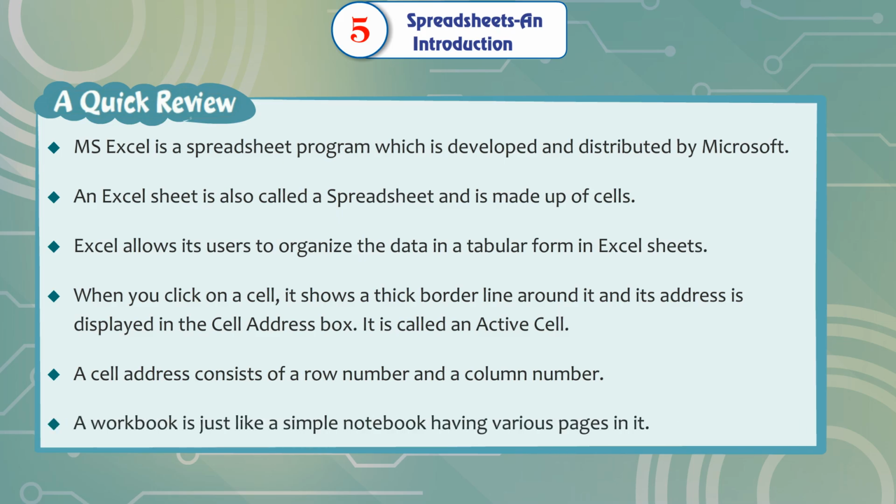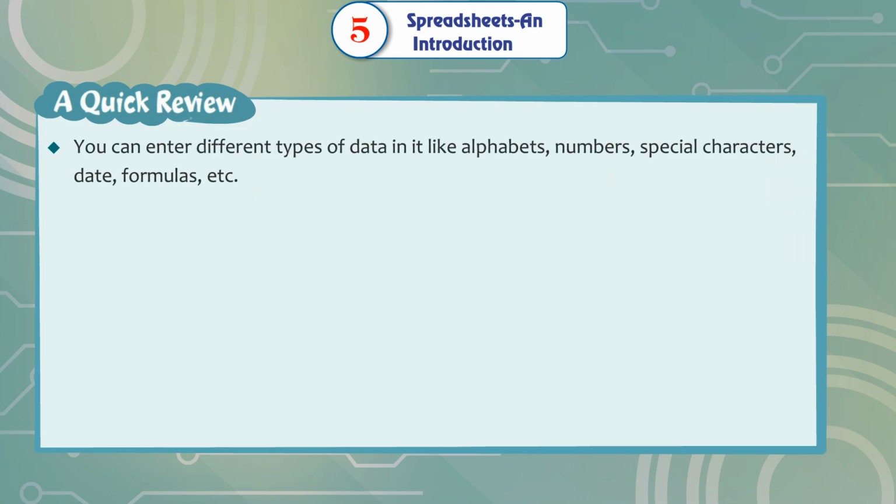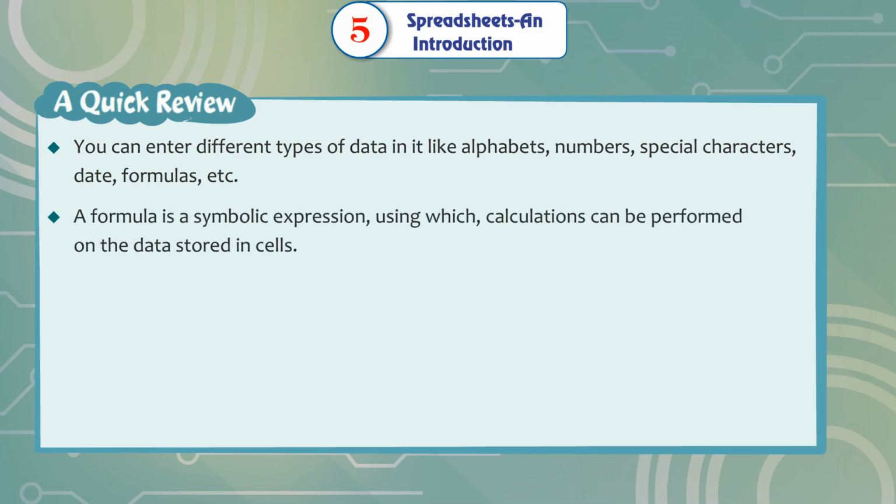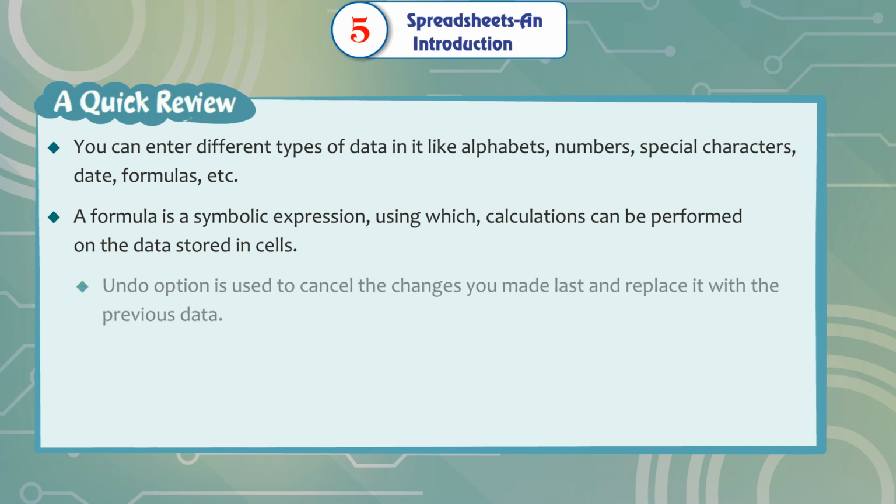A workbook is just like a simple notebook having various pages in it. You can enter different types of data in it, like alphabets, numbers, special characters, date formulas, etc. A formula is a symbolic expression using which calculations can be performed on the data stored in cells.